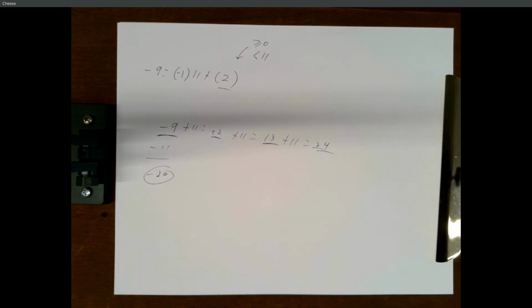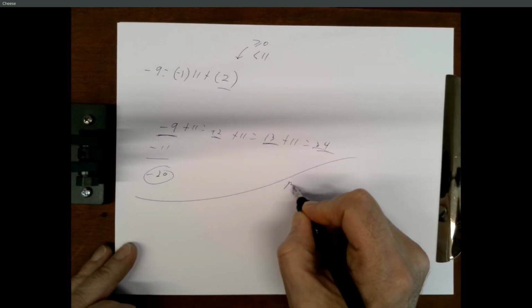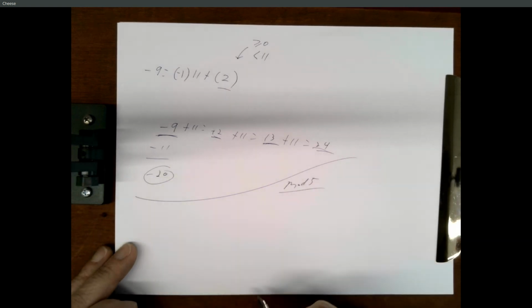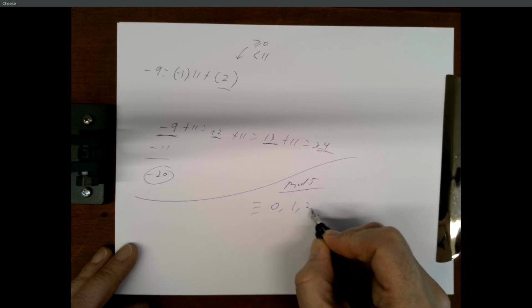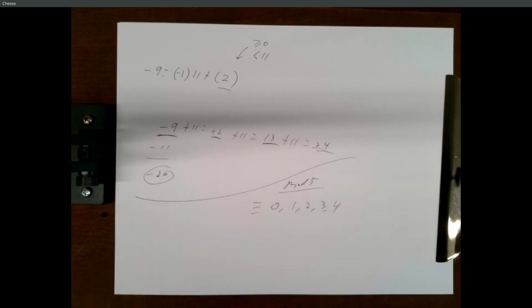And this is really the punchline for modular arithmetic, is that we get a whole bunch of numbers that are congruent to each other. If we're working modulo 5, every integer is congruent to either 0, 1, 2, 3, or 4.